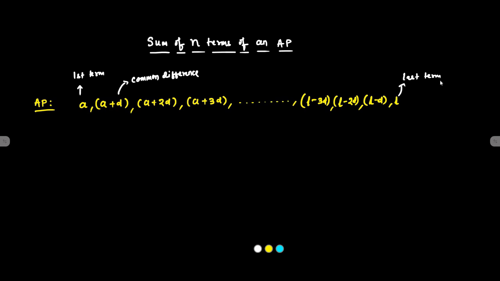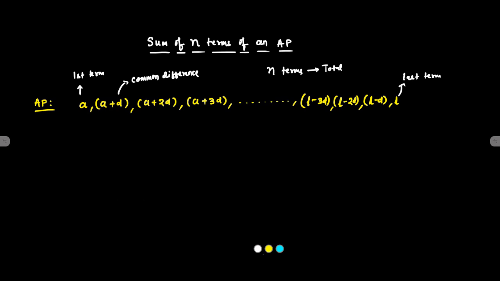Now let us say we want to determine the sum of these terms. Let the total number of terms that are present be n. Total of n terms are present in the AP.